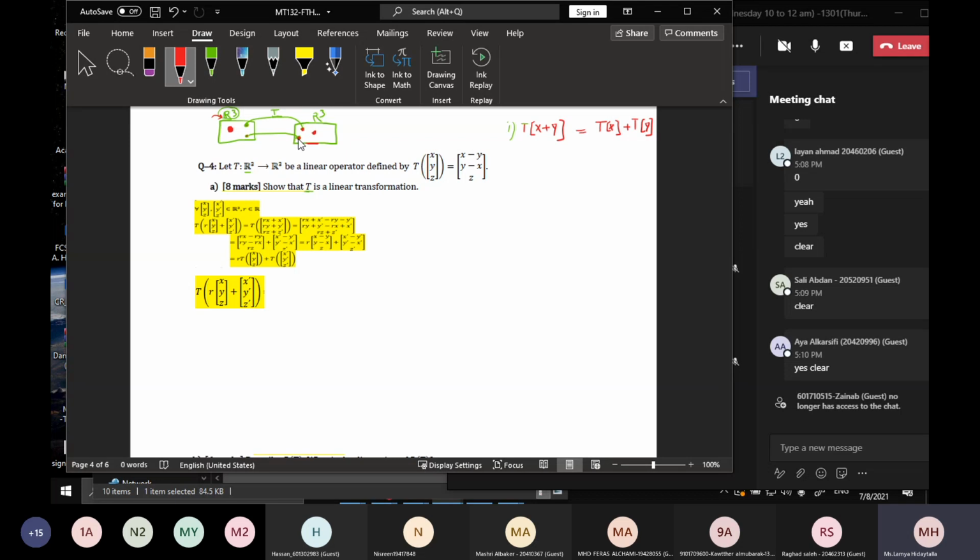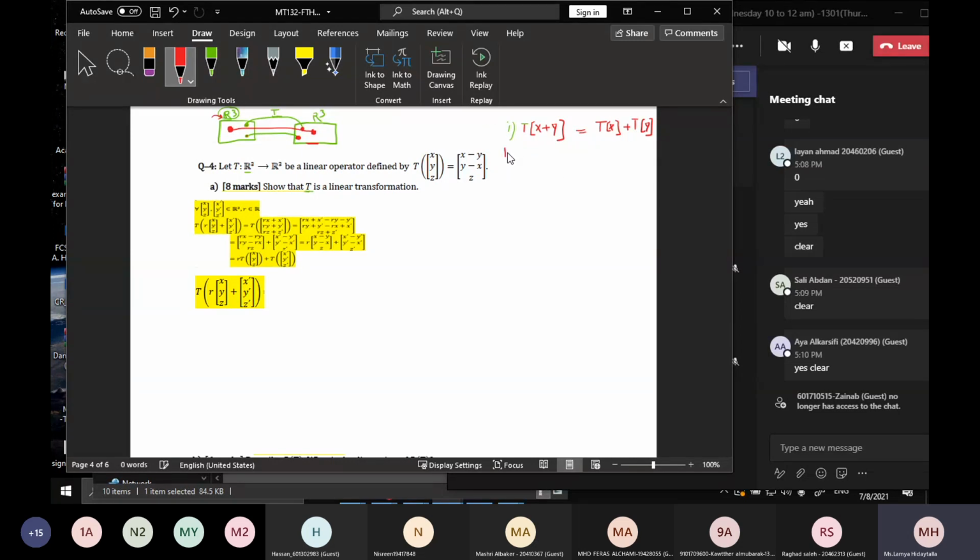So the addition of this, which is this one, should be mapped to that one. Clear? So this is the first thing: if the transformation is linear, this condition should be satisfied.